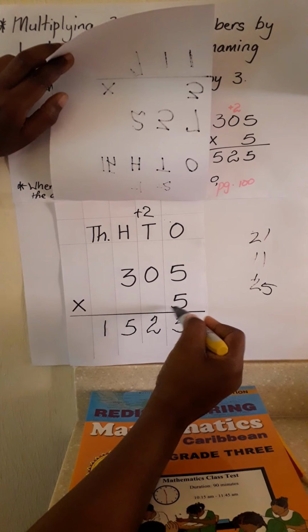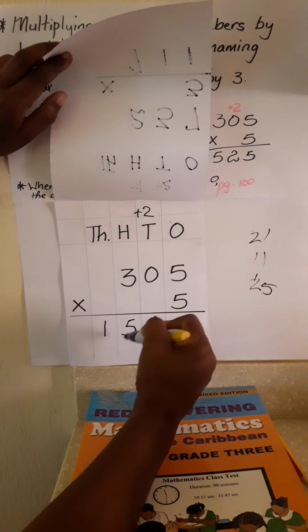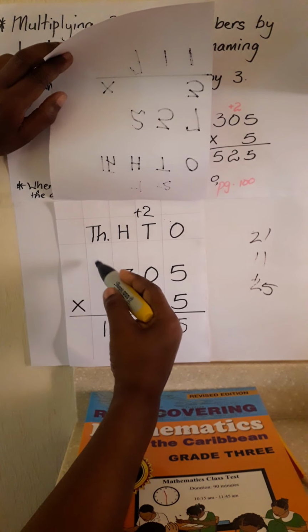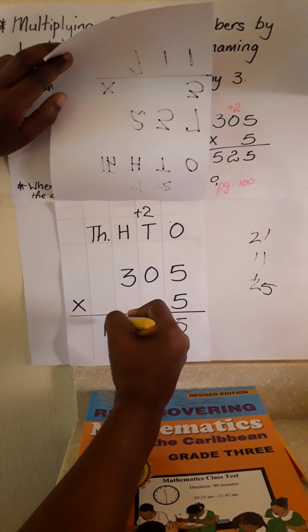Finally, it's 5 times 3, 15. We put the entire 15 down because we have nothing to multiply in the thousands column. So we put the 5 under the hundreds place and we put the 1 under the thousands place.